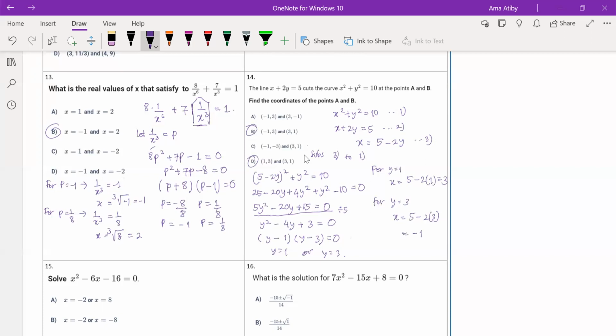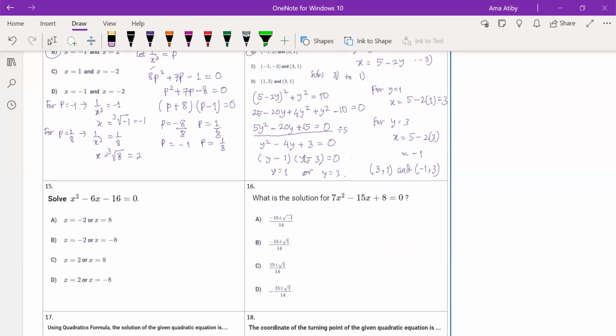And therefore the points are 3, 1 and -1, 3. Let's take a look at this. Where is it? -1, 3 and 3, 1. So it is E, right? Okay, so I will cancel the D. So there is only one correct answer, which is B, right?